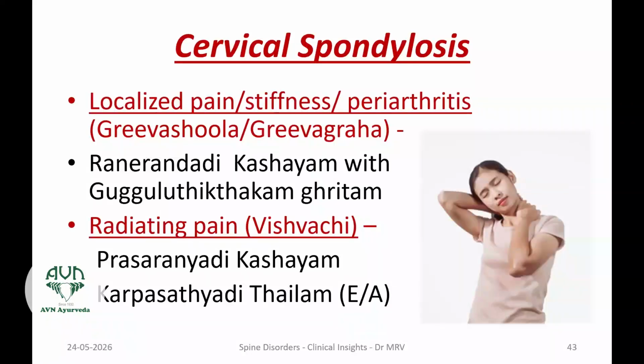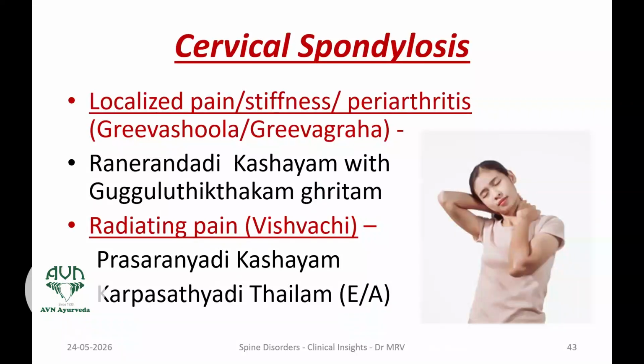You see, Prasaranyadi Kashaya is considered to be very effective in radiating pain. Prasarani, Masha, Bala, Rasona, Rasna, Ushataihi, Prakochidan Amba. In that Kashaya is considered to be a Kshira Paka, and that is considered to be very effective in radiating pain for Vishwachi in cervical spondylosis.